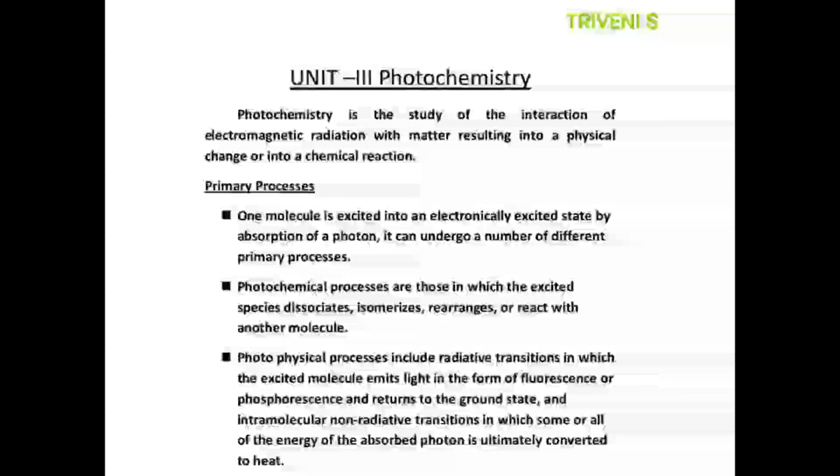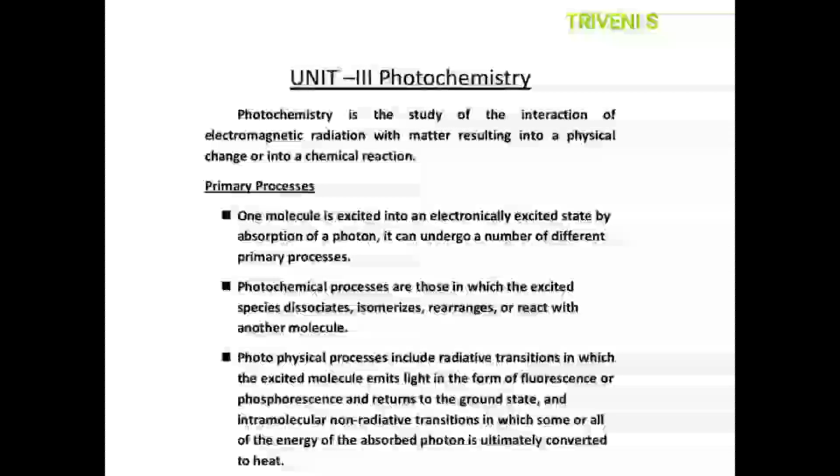Photophysical processes consist of fluorescence, phosphorescence and photoelectric effect. When the molecule is in the ground state, it is very stable, but when it absorbs light, it moves to a higher energy level, and then by emission it leaves the excited state and returns to the ground state by the emission of some amount of energy.